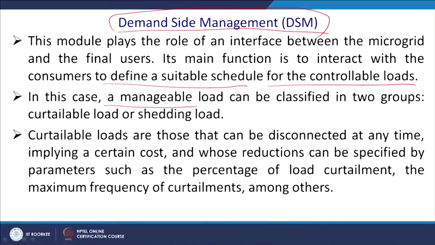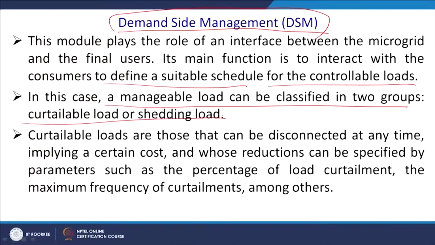In this case, a manageable load can be classified into two groups: curtailable loads and shedding loads. Loads operated only when you have an energy surplus, and if you do not have a surplus, it is an uncommitted expenditure, so you should turn it off.